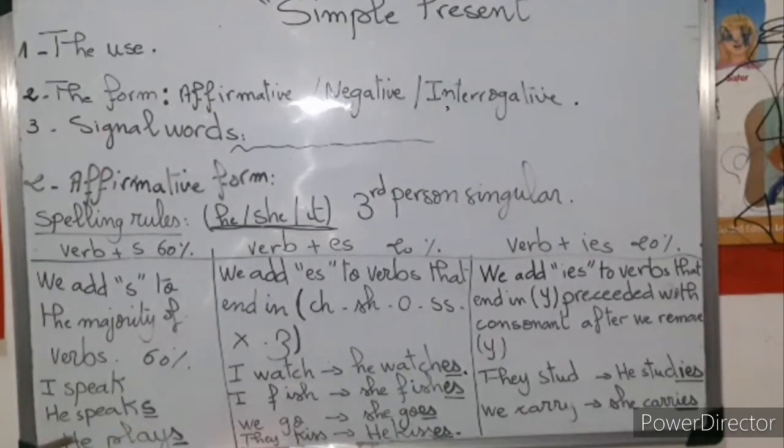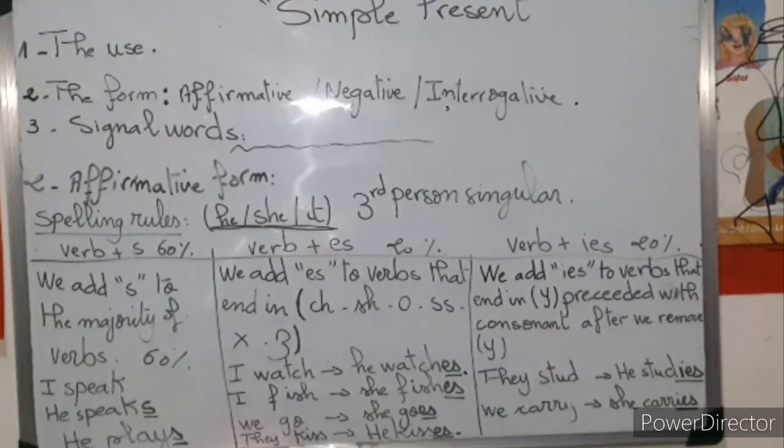Have a look here at the verb play. Play, yes, it finishes with y. Yeah? But it's preceded by a vowel. A is a vowel. So what shall we do? It goes with the majority of the verbs, so we add only s. So I play football, he plays football. We add s. Why? Because the y is preceded by a vowel.